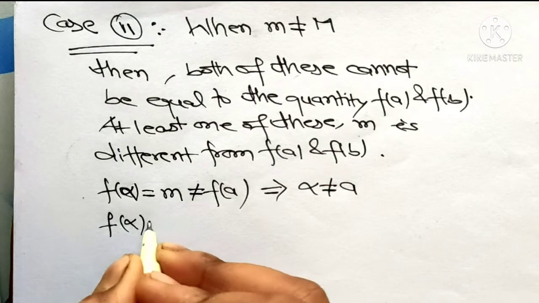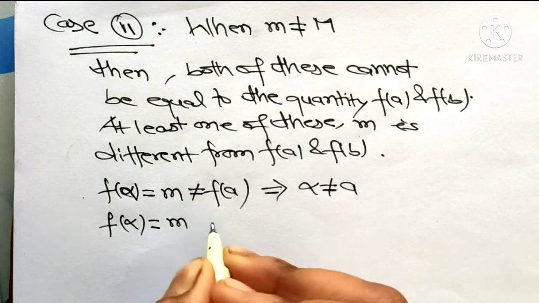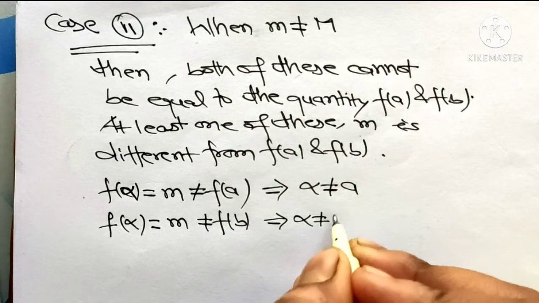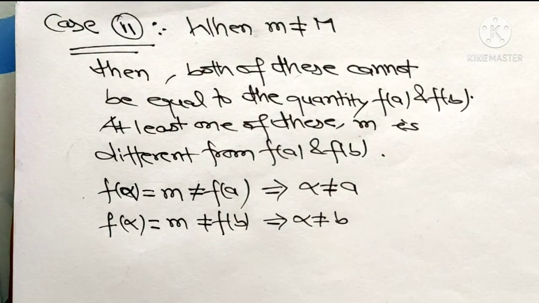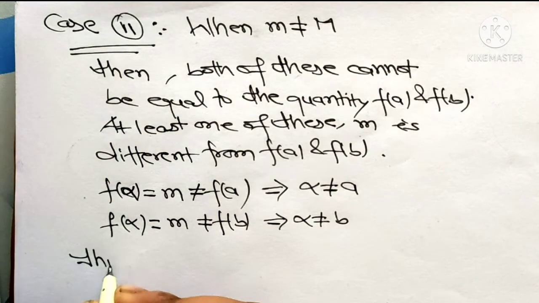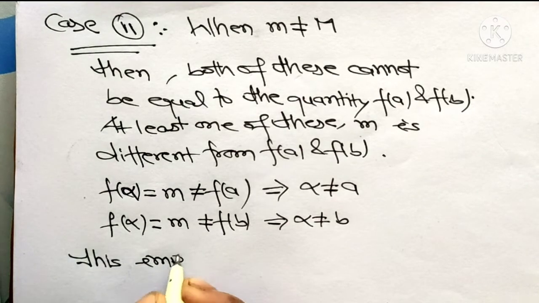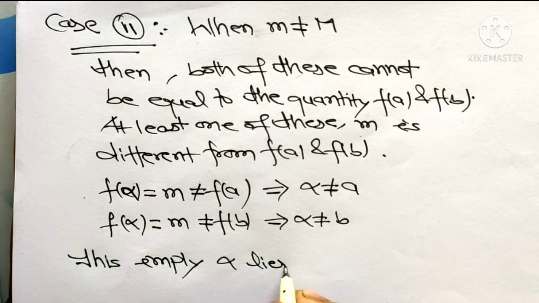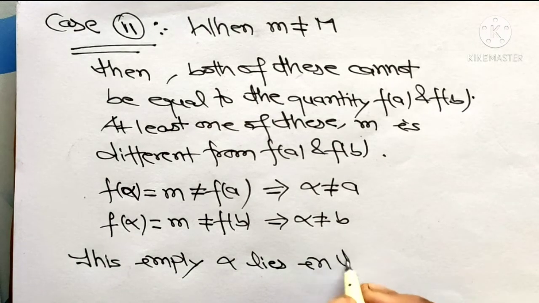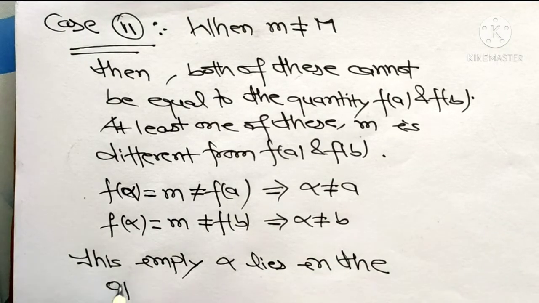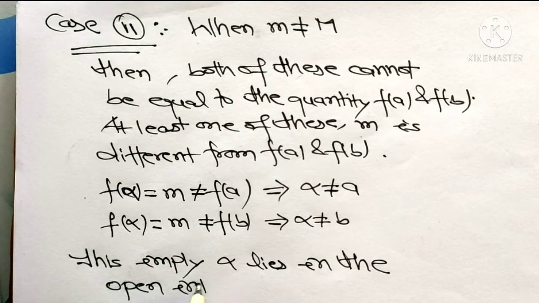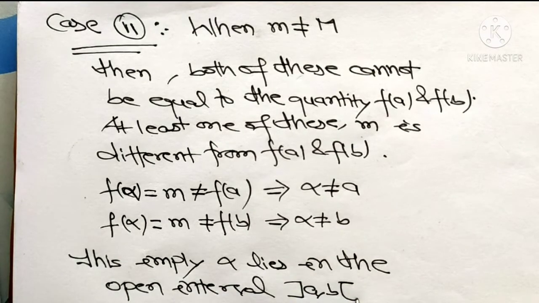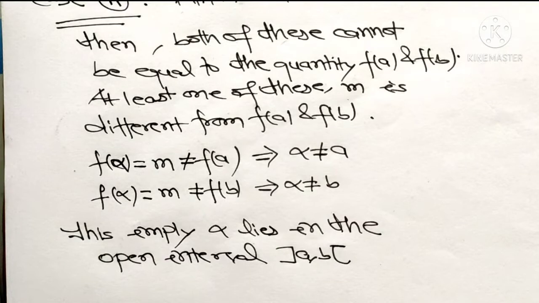Exactly in the same way, f of alpha is equal to m, which is not equal to f of b. This implies alpha is also not equal to b. So alpha lies in the open interval (a, b). So alpha is a point from the open interval (a, b).